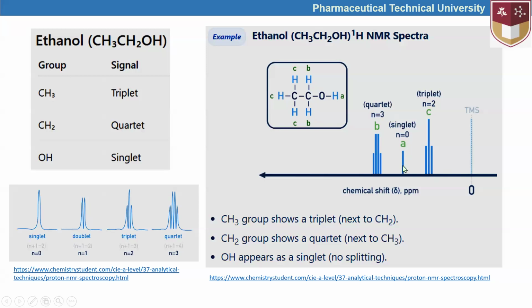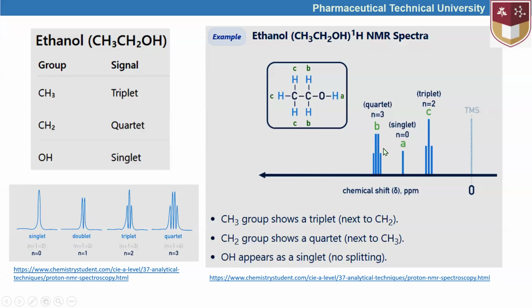And why is this only 1 singlet? Because it belongs to only 1 hydrogen that does not have neighboring hydrogen atoms. So this is what we have to understand.